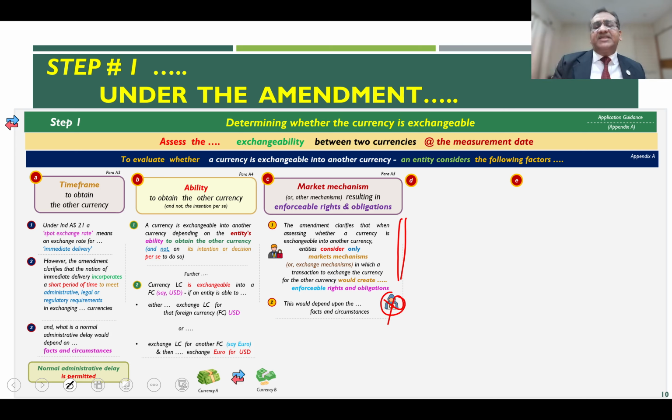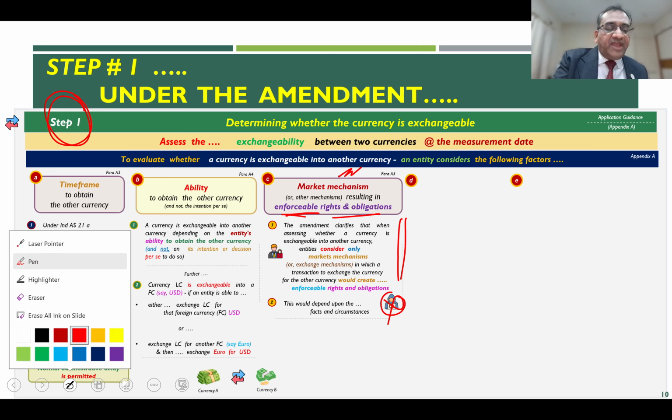So the amendment basically tells you that for exchangeability in step 1, and we will see this change when we go to step 2, where you will see the relaxation, the requirement is very simple: you have to look at only those market mechanisms or other mechanisms which result in enforceable rights and obligations.